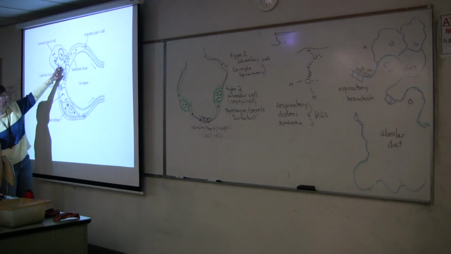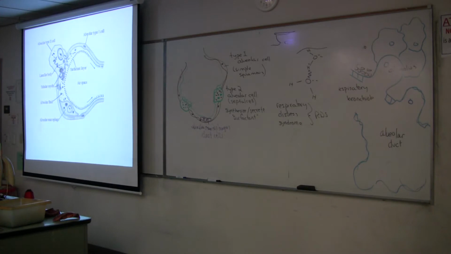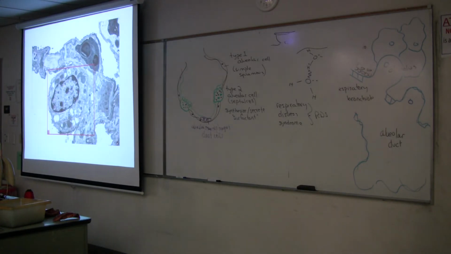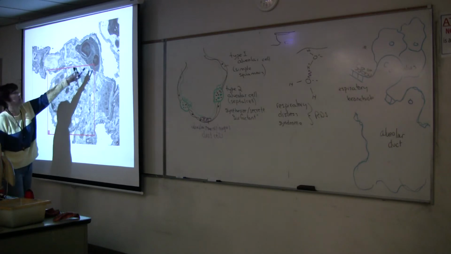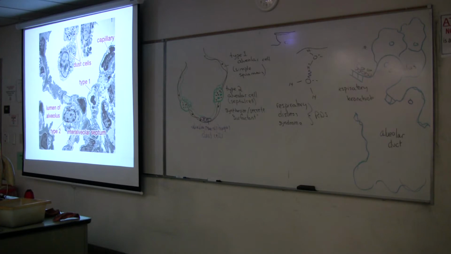And here's a type 2 cell making the lipid material. And that's a type 2 cell along the wall. The upper nucleus would be of a type 1. And there's some cells in the middle that would be the alveolar macrophages.